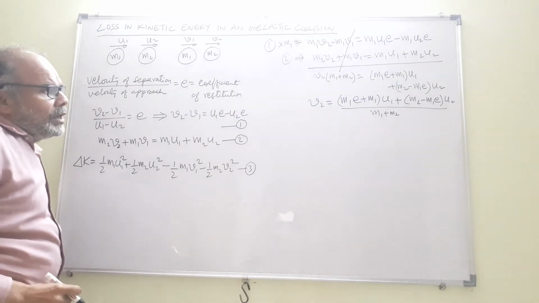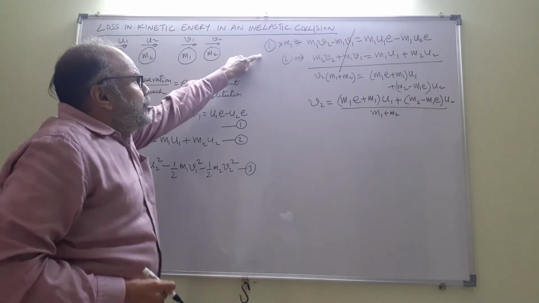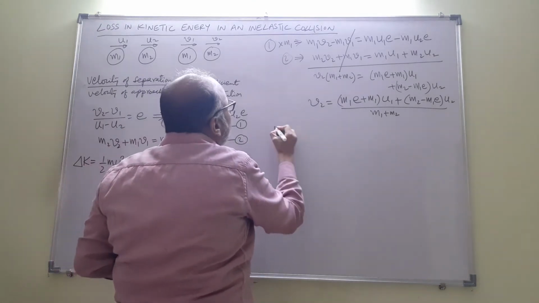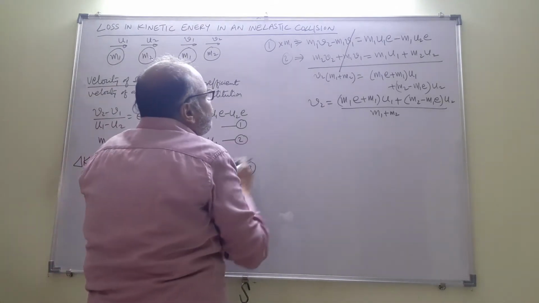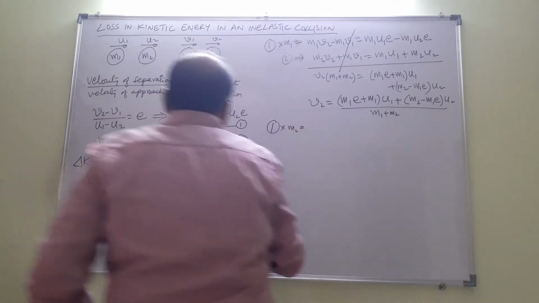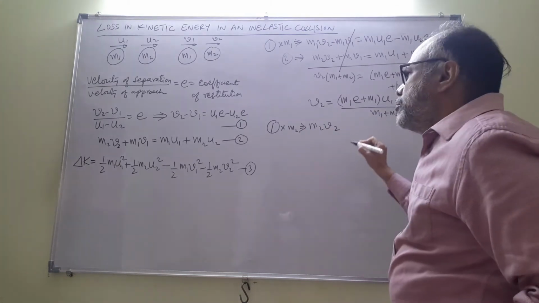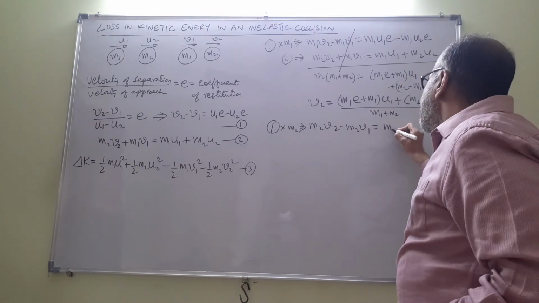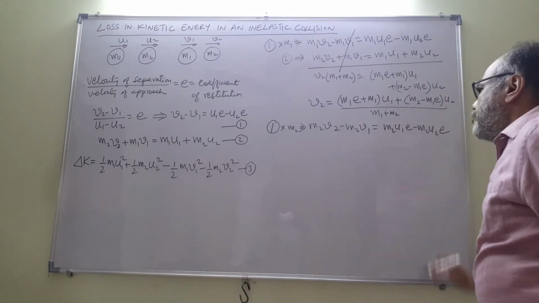That is V2. Similarly, we can find V1 by multiplying the first equation by M2. That will eliminate V2. So, the first equation multiplied by M2 will give us M2 V2 minus M2 V1 is equal to M2 U1 e minus M2 U2 e.